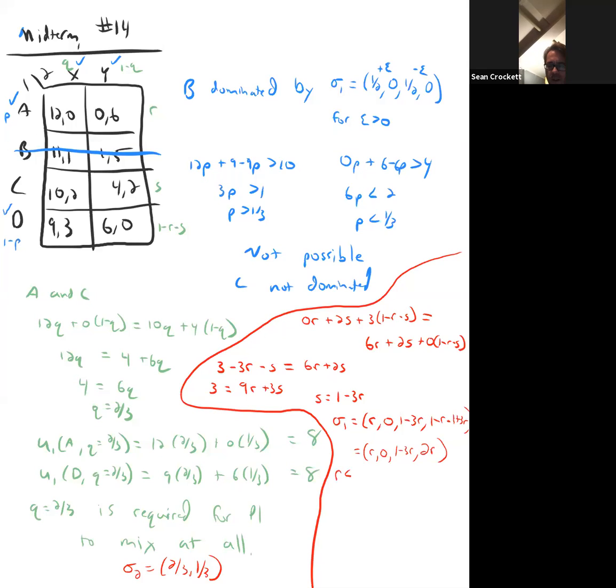So R less than or equal to 1/3. The reason is that if R goes bigger than 1/3, 1 minus 3 times R would be a negative number, and that's not allowed. So that's one restriction. The second restriction is that R has to be less than or equal to 1/2.